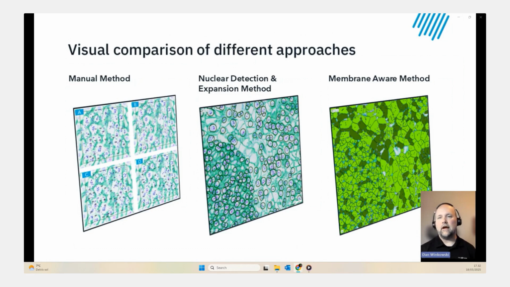Our membrane-aware AI allows researchers to apply this in batch mode where they can process large amounts of data efficiently. And finally, the robustness across tissues is an advantage because unlike nuclear expansion methods, which may work in some samples but fail in others, this membrane-aware AI is versatile and can work across diverse tissue types and conditions, at least at this time. So we're looking forward to expanding that capability too.